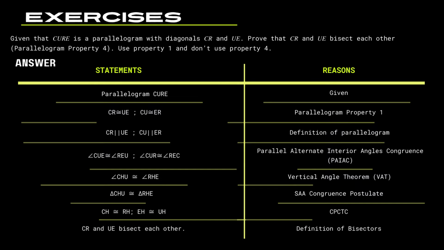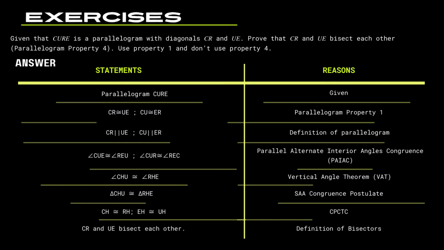Okay, so this is what I got. For statement 1, parallelogram CURE, which is a given. Then from statement 1, I got statement 2, which states CR is congruent to UE and CU is congruent to ER, which applies parallelogram property 1. Then for statement 3, I got it from statement 1 again.